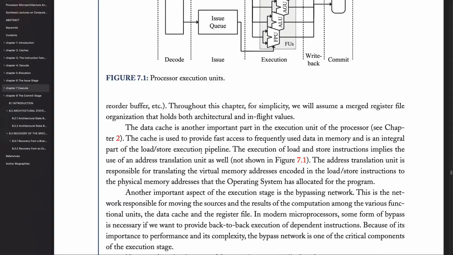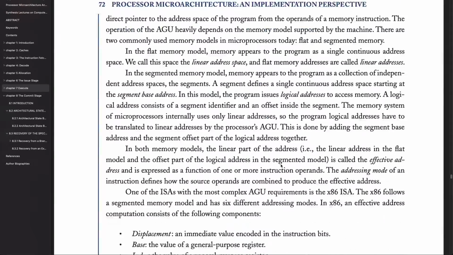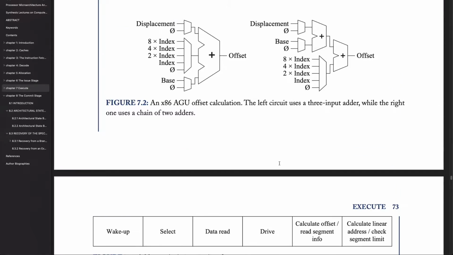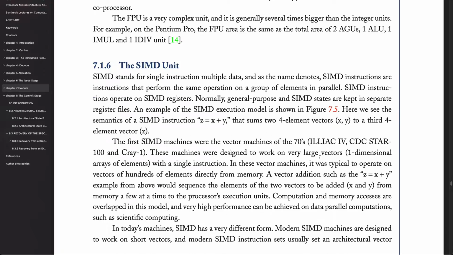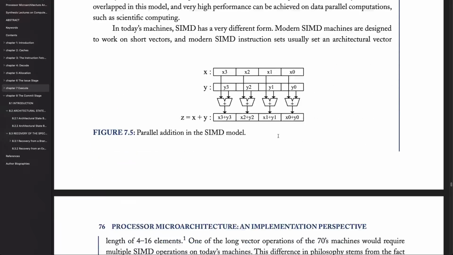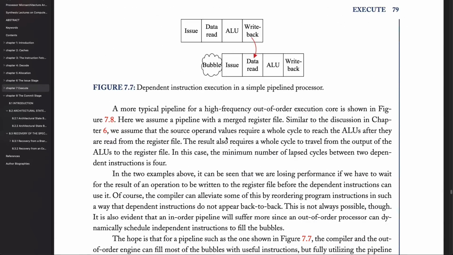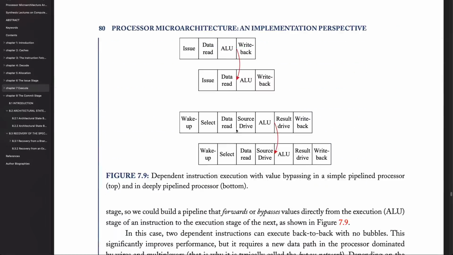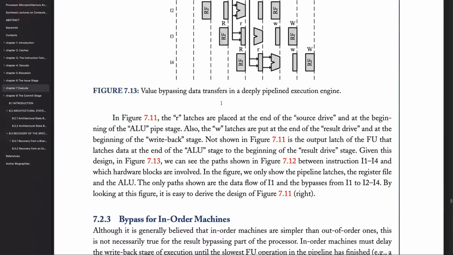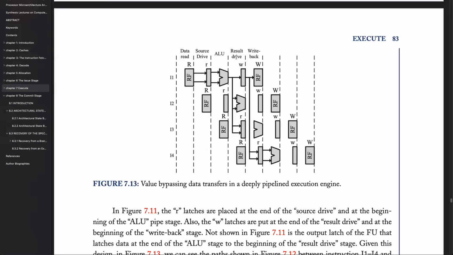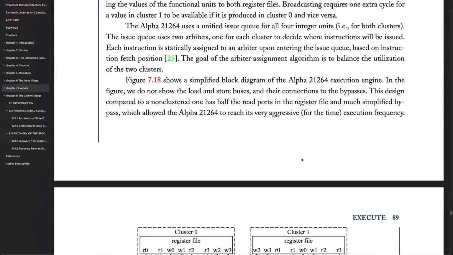Right. And then the execute stage just talks about various execution units, division, how AGEN is done, how the branch predict unit is built, what are SIMD instructions, which are all these different lanes of instructions, and bypassing results, which I guess they already talked about in the last chapter, and pipelining all these writebacks across different pipelines, and so on and so forth, right?